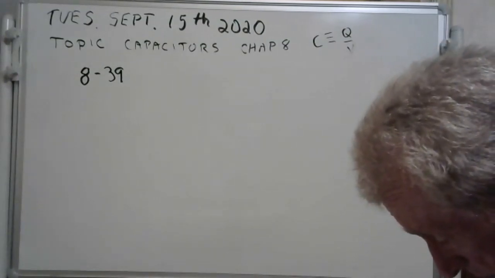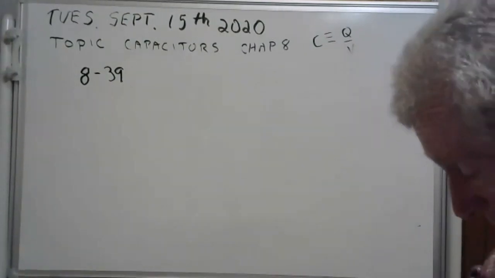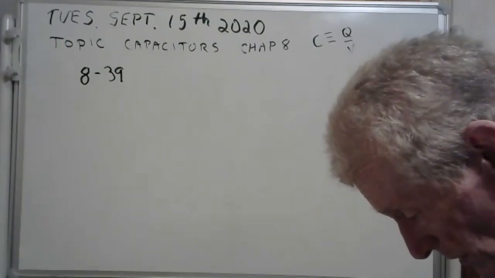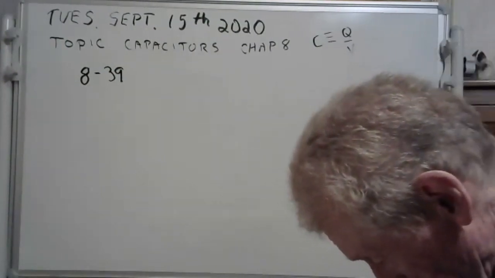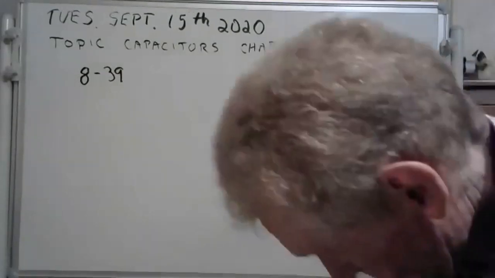Okay, let's do this 12-139. Now it says a 2 microfarad and a 4 microfarad capacitor are in series across a 1 kilovolt.